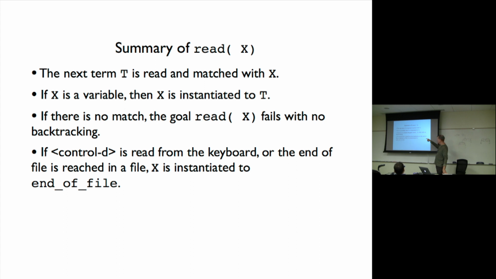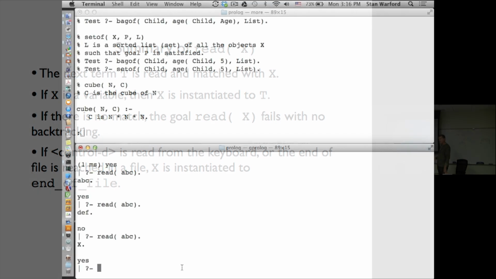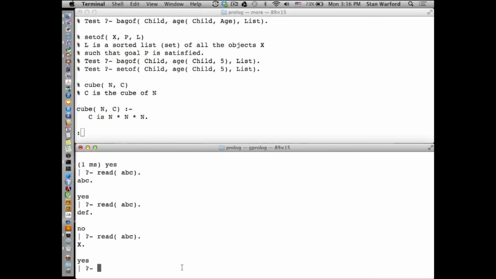If there is no match, the goal read X fails with no backtracking. And if Control D is read from the keyboard or the end of file is reached in a file, then X is instantiated to the atom end of file. I actually summarized this. I don't think this text is in the book anywhere, but this summarizes what we just did. Okay, so that's read.